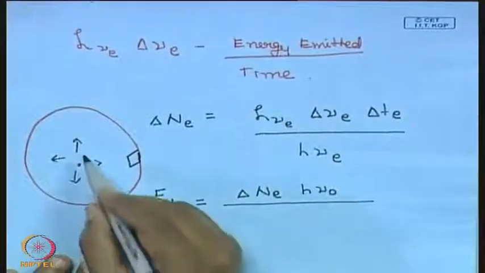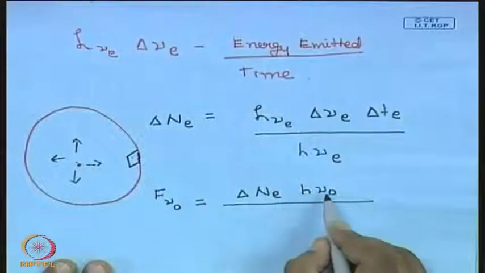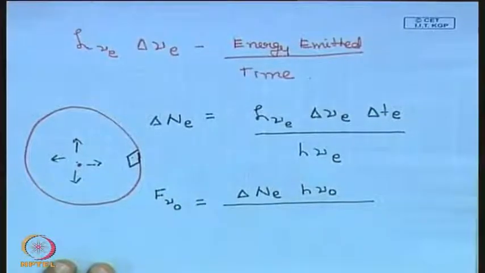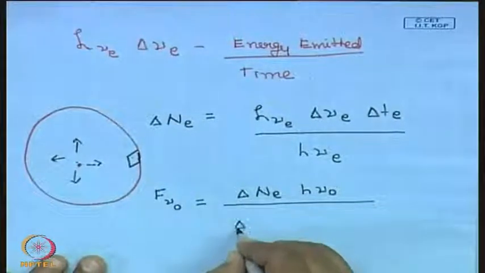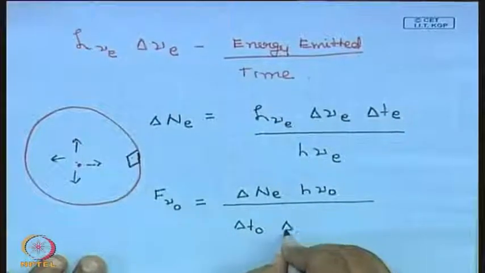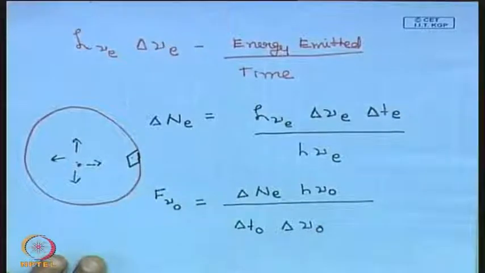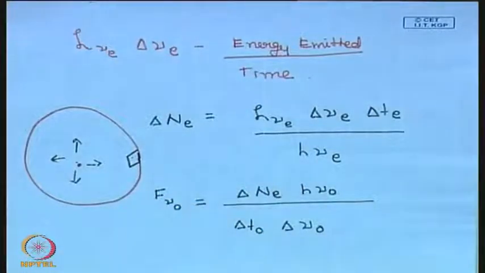The frequency of the photon would have changed by the time it comes from here to here, it will be h into nu observed. This is the total energy that is crossing this surface, and it will be received by an observer over a time interval delta t observed over a frequency interval delta nu observed. This will be the flux in the frequency interval observed over here.